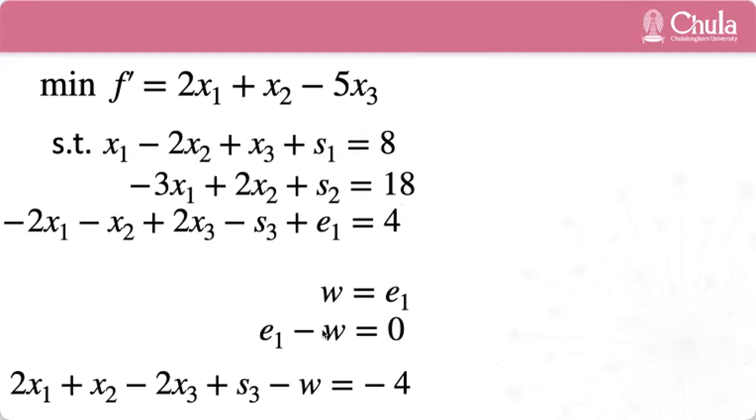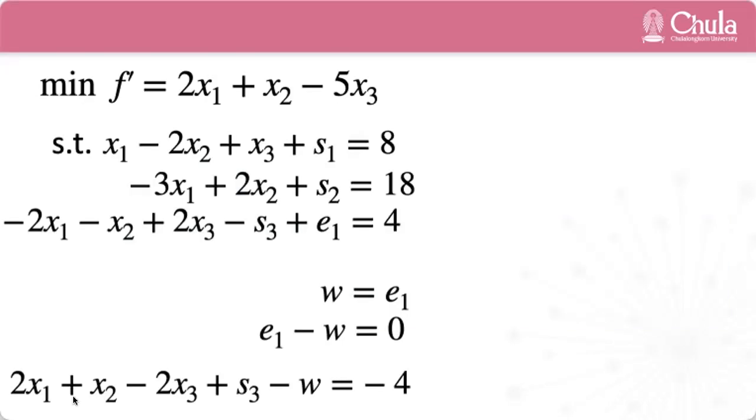So we see that E1 minus W becomes 0, right? So we subtract this line, this E1 minus W equals 0, by the third condition. By subtracting this one with this one, we obtain this one. Finally, we got 2x1 plus x2 minus x3 plus s3 minus w equal minus 4.